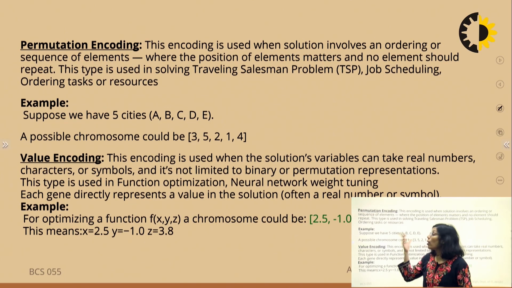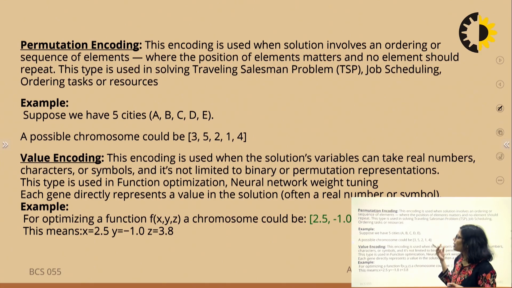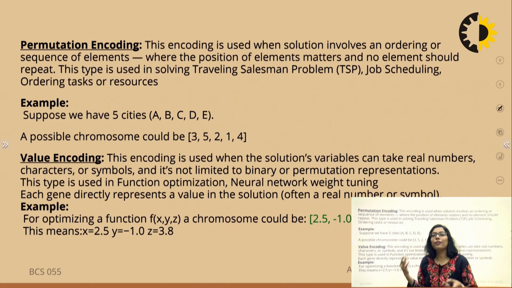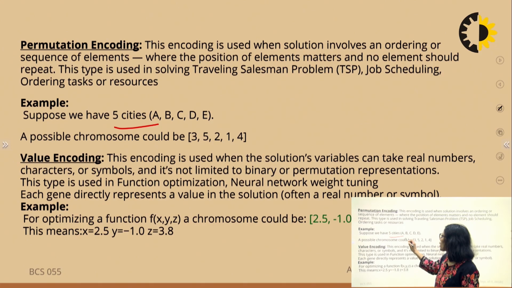Next type is permutation encoding. Permutation means the order in which my items are placed. There are many problems in which the order is important. For example, in the traveling salesman problem, I have to find the best combination of the cities I can travel through. So, I have 5 cities, which could be encoded as A, B, C, D, E. I will be giving them numbers 1, 2, 3, 4 and 5.